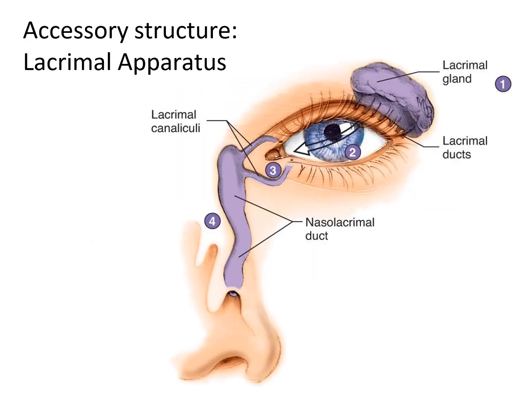Another accessory structure is your lacrimal apparatus. It is composed of the lacrimal gland, lacrimal ducts, lacrimal canaliculi, and your nasolacrimal duct. This apparatus helps in the production of tears, which are necessary for the lubrication of the eyes.